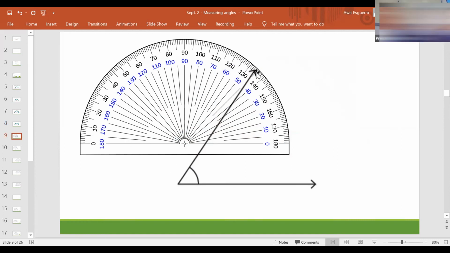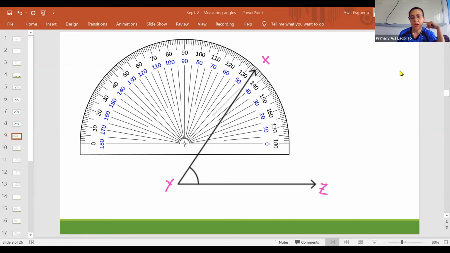Look at this angle. Maybe I have to name this. I will name it angle XYZ.